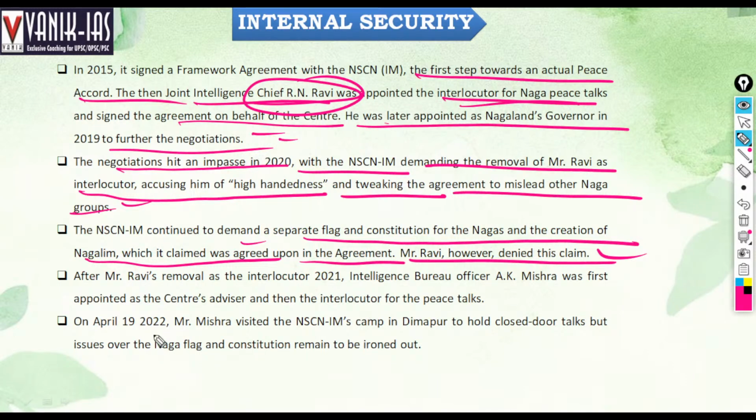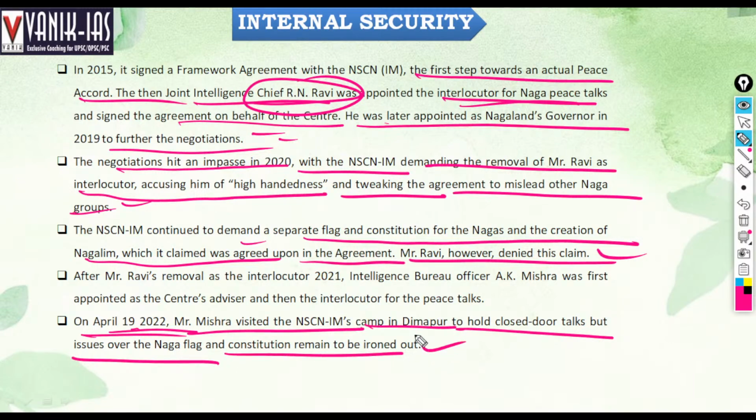In 2020, Mr. Misra visited the NSCN camp in Dimapur and held closed-door talks. The issues of the Naga flag and constitution remain to be ironed out. So that means even today, the Indian constitutional government will not accept a Naga flag or Naga constitution. Right.